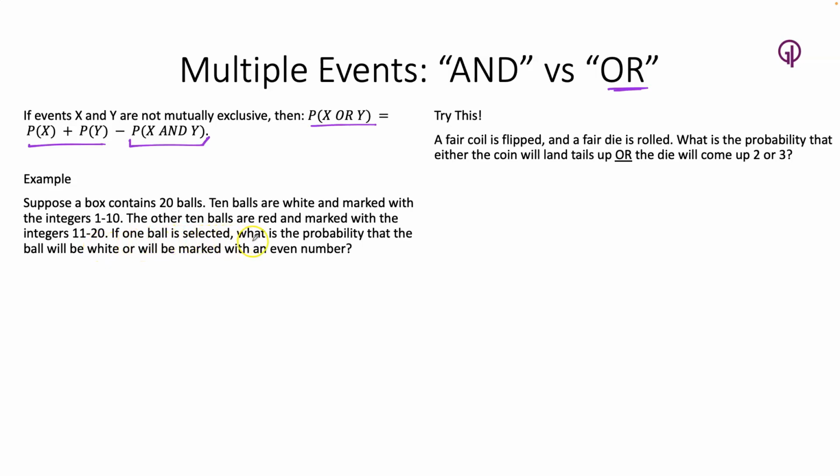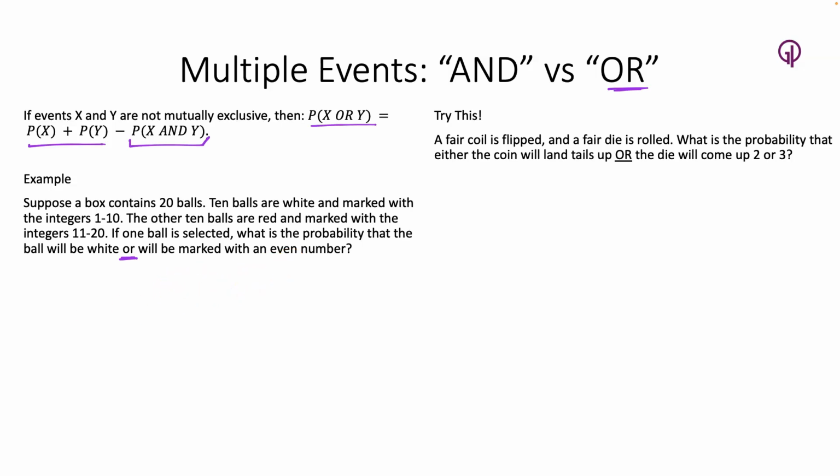If one ball is selected, what is the probability that the ball will be white or will be marked with an even number? So here you realize that it's an OR problem.